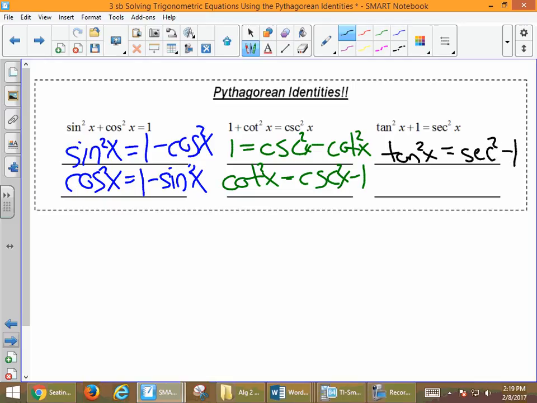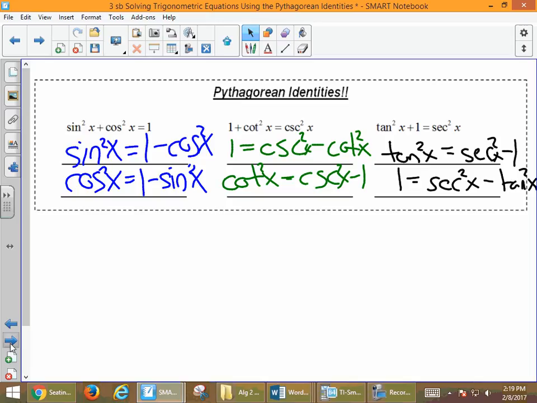And then likewise, we can solve for just 1. So we would subtract the tangent squared from each side, and we'd have 1 equals secant squared minus tangent squared. So these are just 6 other ways of writing our original 3 trig identities.